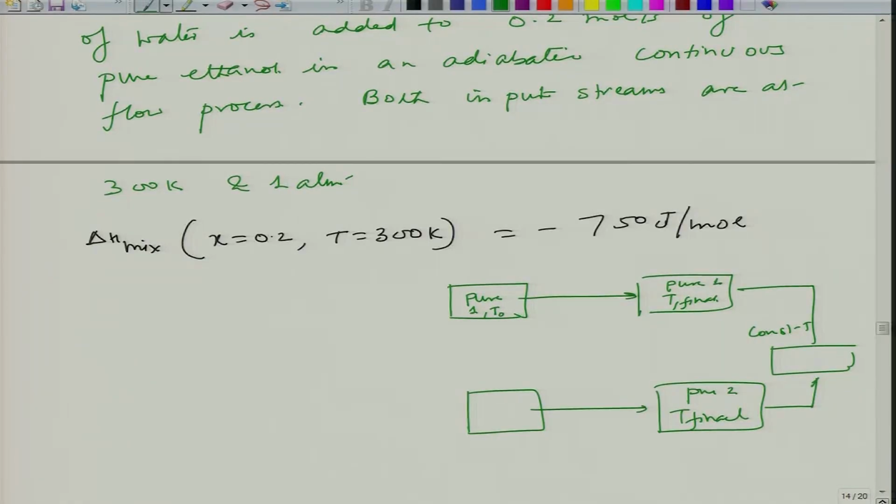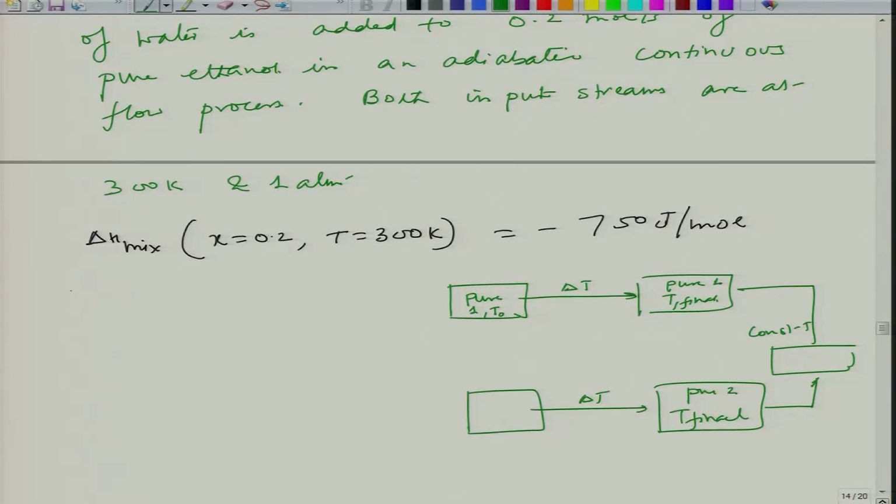So, in that case essentially what we can find out is your delta T, let us say, change from here, right. So, this is a change in the temperature from T0 to final. So, what I can do is I can consider based on the heat capacity, because this is nothing but a sensible heat or energy which is taken from this point to this point.